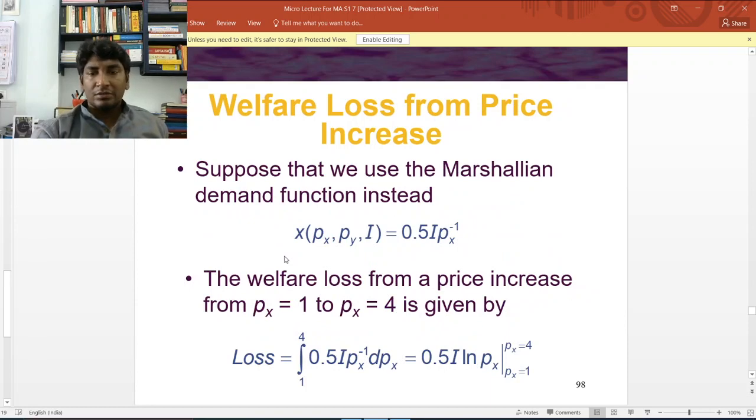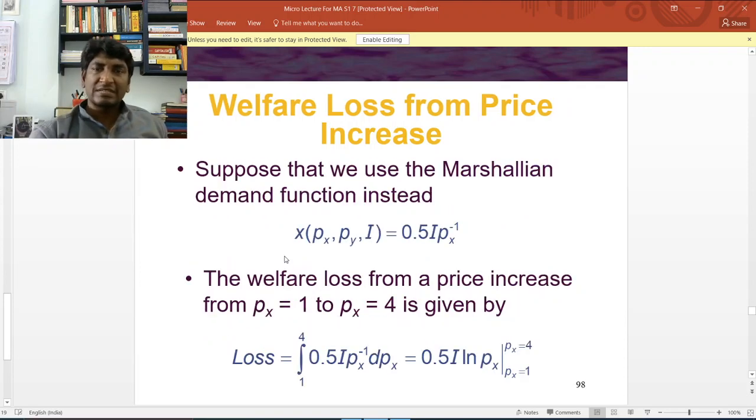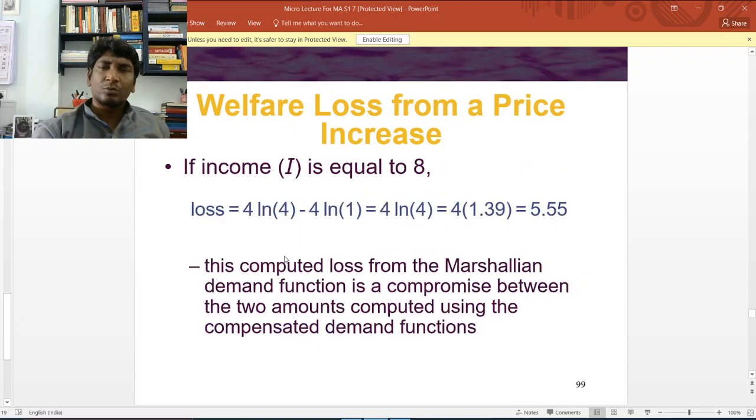You can do this simple arithmetic, basically an integration exercise. If I is equal to 8, you can change it with any number and find out what the result would be. This loss or gain computed from the Marshall demand function is compared with the two amounts computed using the compensated demand function.